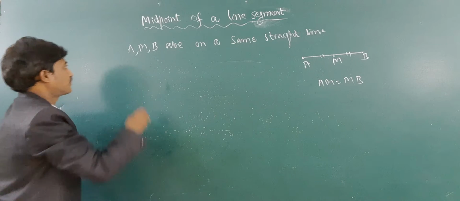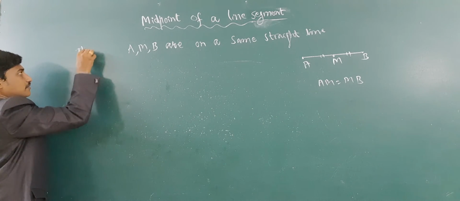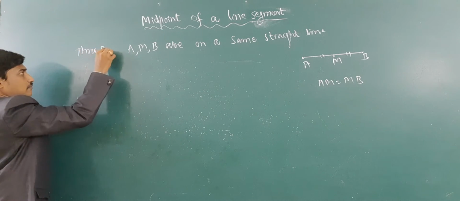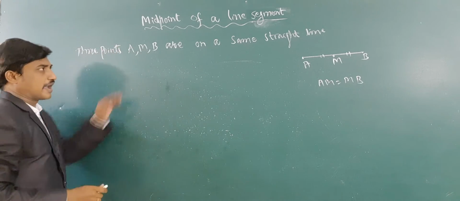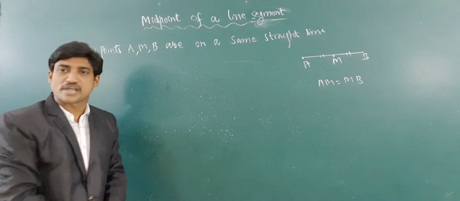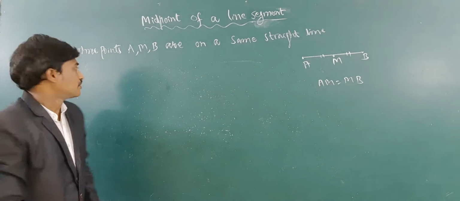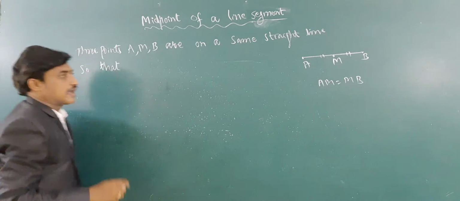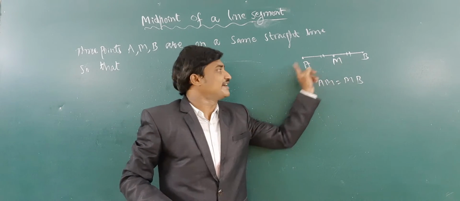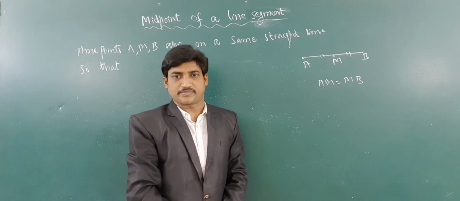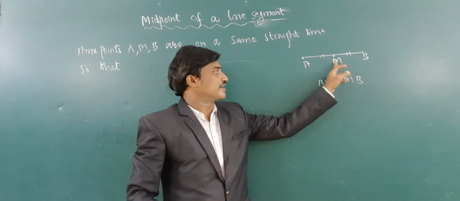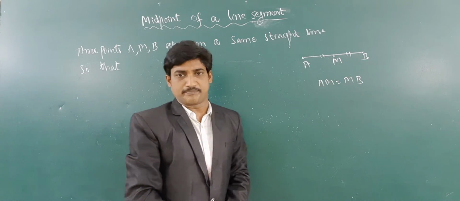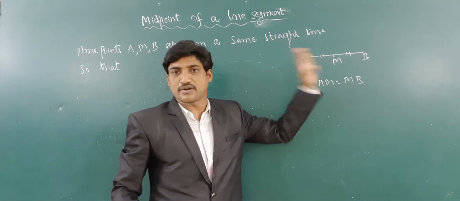Three points A, M, B are on the same straight line, so that M is equidistant from A and B. Then M is called the midpoint of AB.